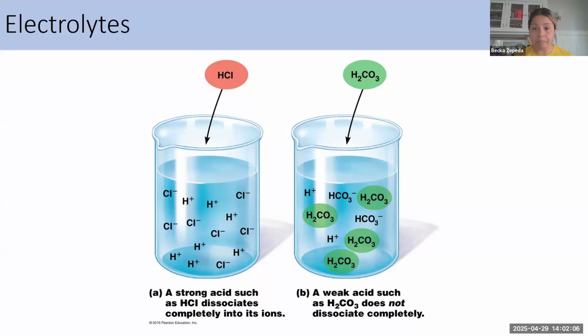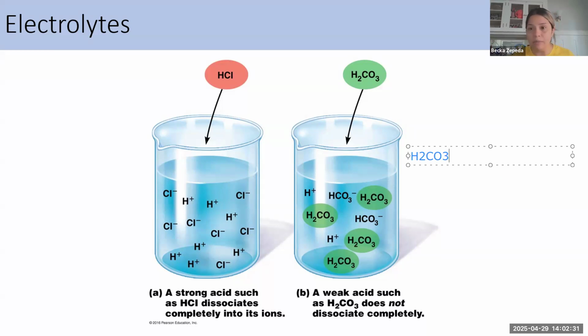Now, a weak acid is when it only releases, in this case, one of two of its hydrogen ions. And so I'm going to write this out. So carbonic acid, which we've talked about a lot, and I'm sorry, I don't know how to do the subscripts.